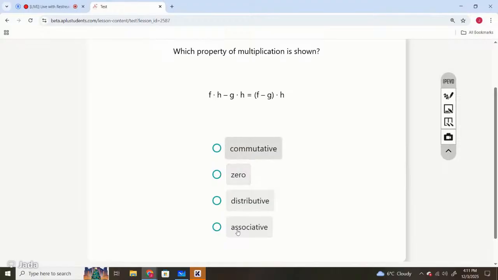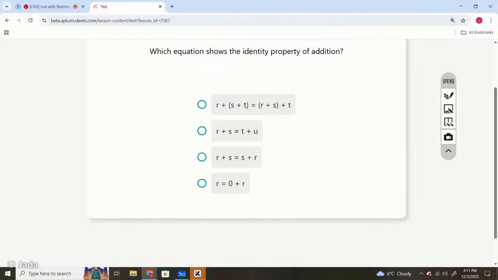That is the distributive property. The correct option is distributive property.